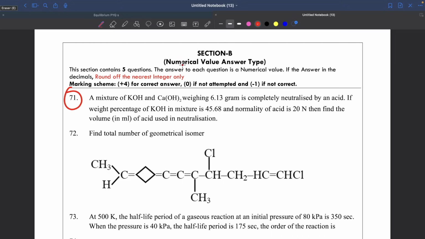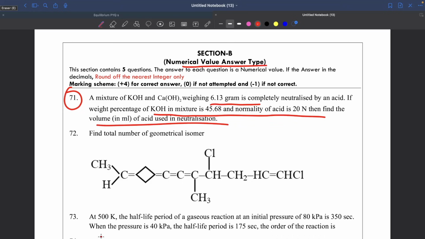This is section B, where numerical value type questions are asked. A mixture of KOH and calcium hydroxide weighing 6.13 grams is completely neutralized by an acid. The weight percentage of KOH is given, and the acid is neutralized.